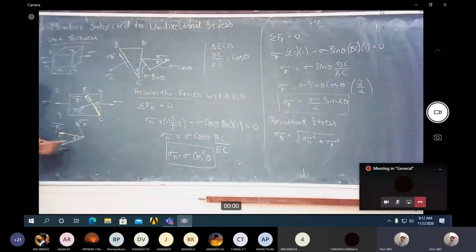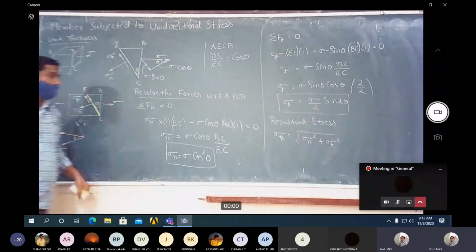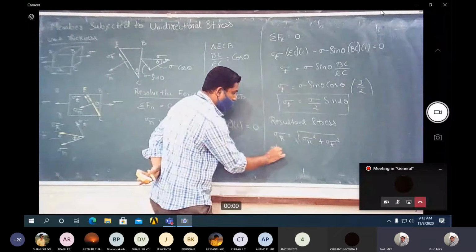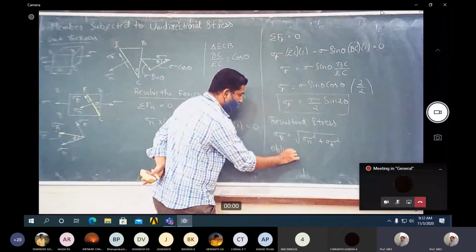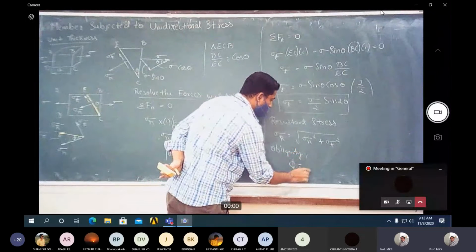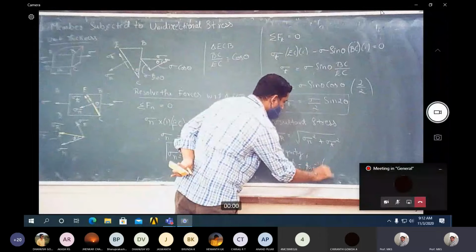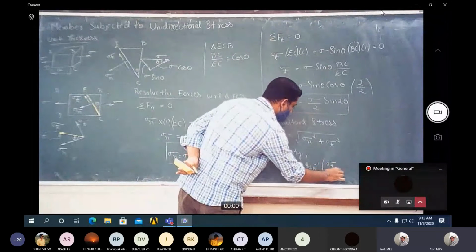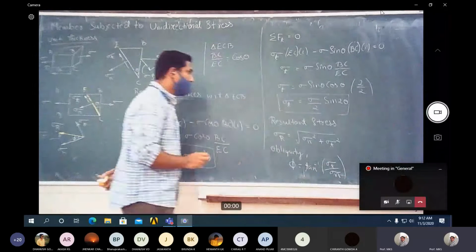If this is phi, the obliquity, the resultant stress is inclined at an angle phi with respect to normal stress. So phi is equal to tan inverse of sigma t by sigma n. That we call obliquity. Also remember these equations.